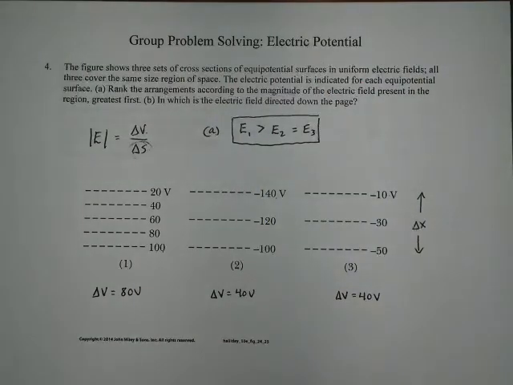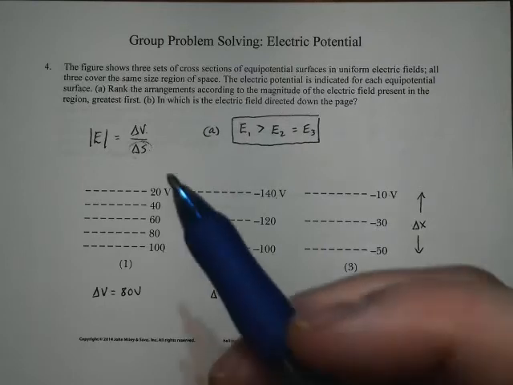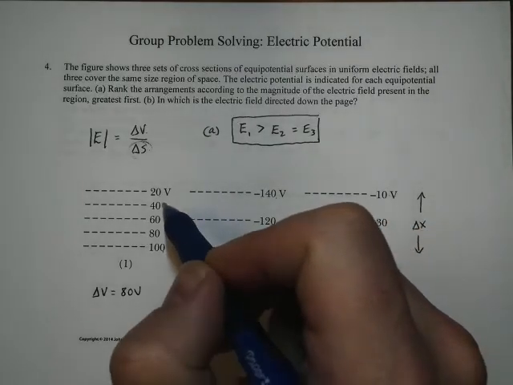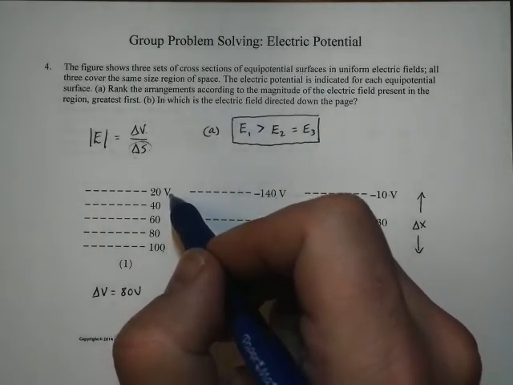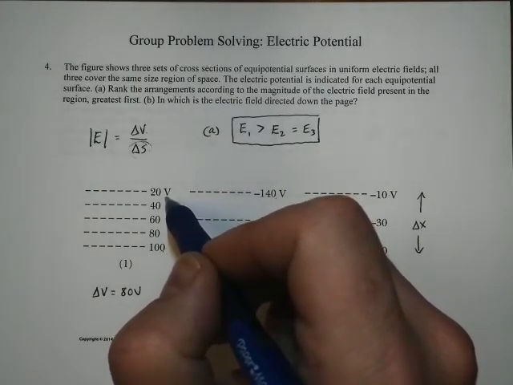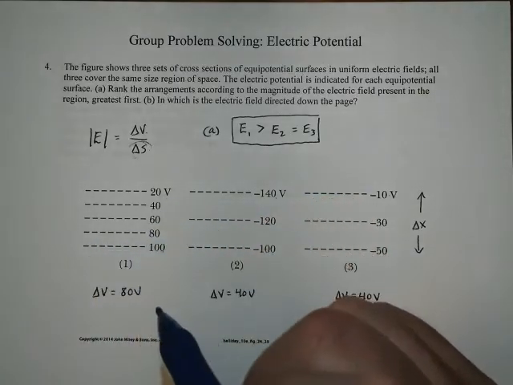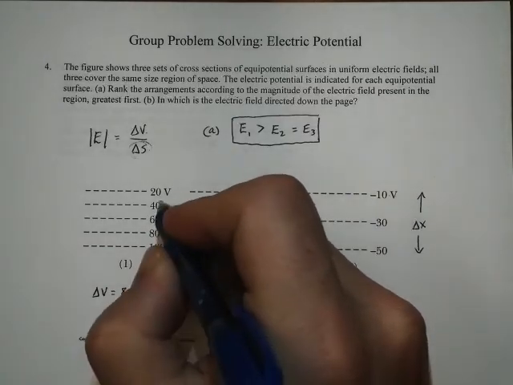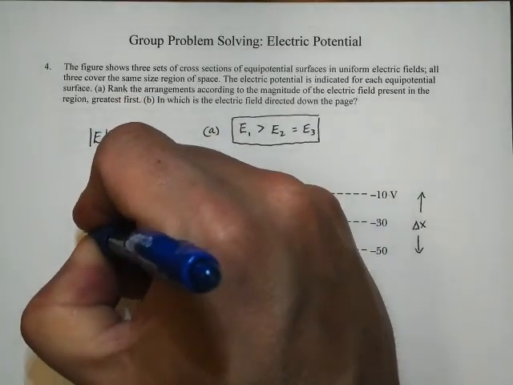B asks, in which is the electric field directed down the page? Well, again, electric field points from regions of high electric potential to low electric potential, and electric field lines or electric field vectors are always perpendicular to equipotential lines or equipotential surfaces. So in scenario 1, high potential is at the bottom, lower potential is at the top.